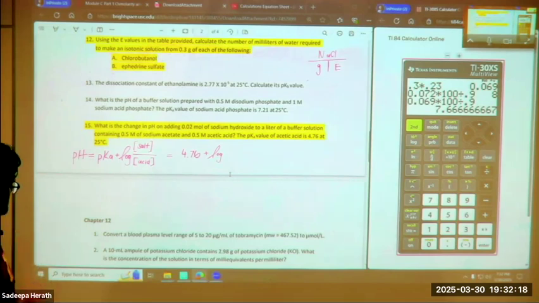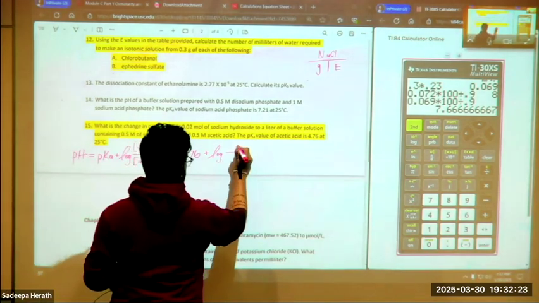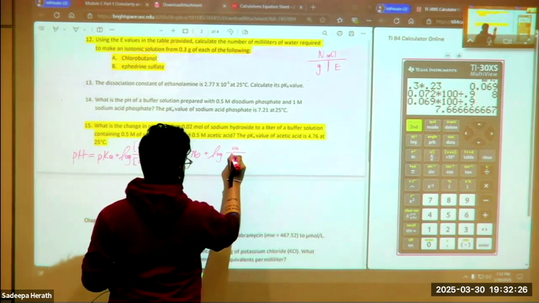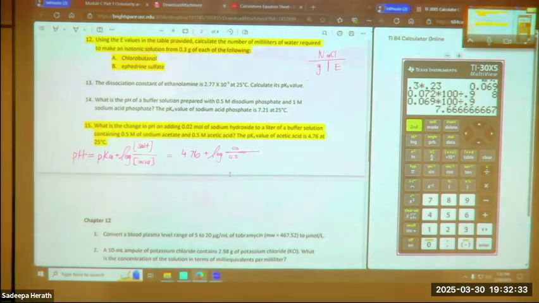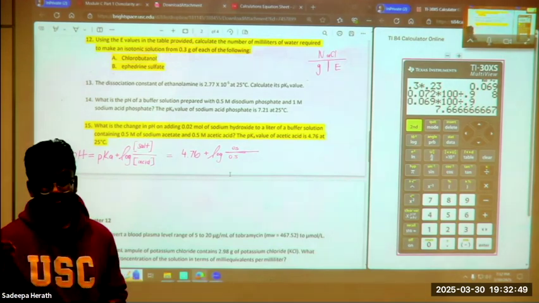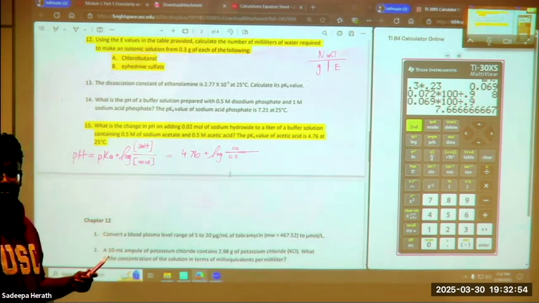Acetic acid is the bottom, so the top is the sodium acetate. That's our salt. So it's 0.5 over 0.5. Now, that would be to find out what our current pH is right now. But we're trying to find the change in pH, right? So that's the change in pH once a certain amount of this base is added into this buffer solution.